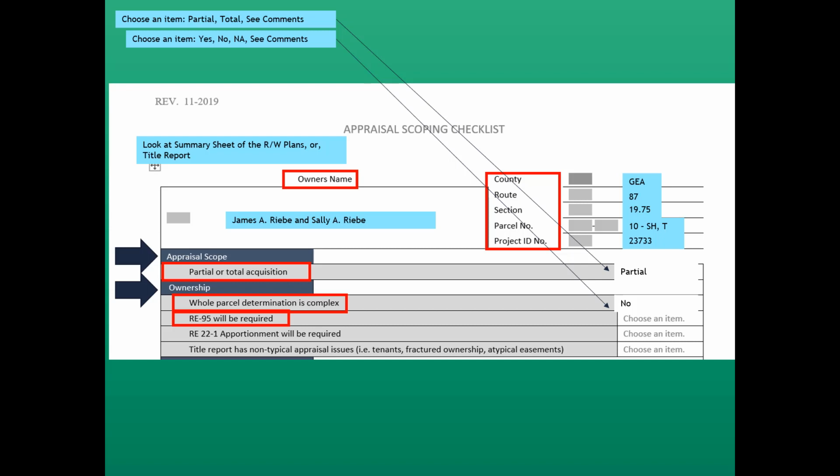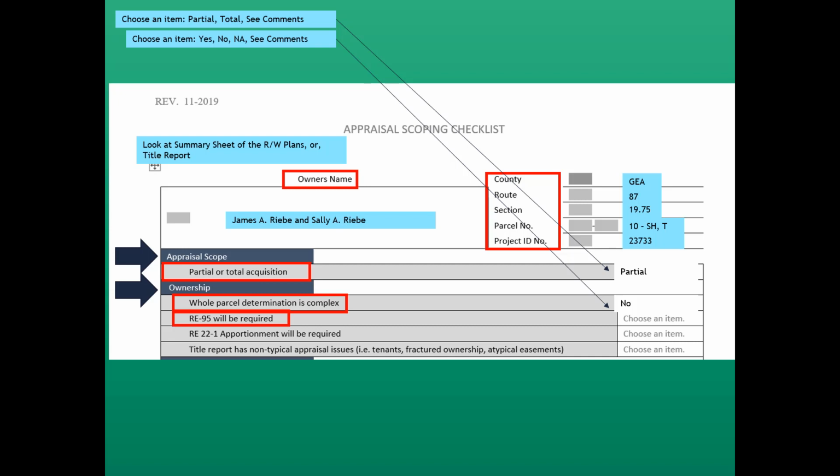And if it's personal property, we will not appraise it, we will not buy it, but it will be moved as a relocation benefit. So we like to know about those at the beginning of the project so we can make good project management decisions. And that's the purpose for the RE95.